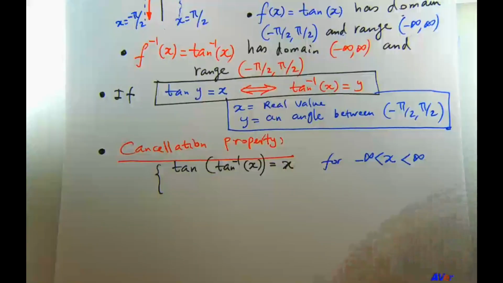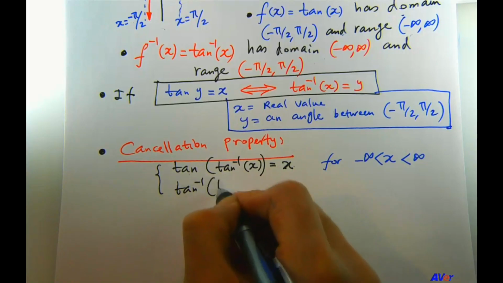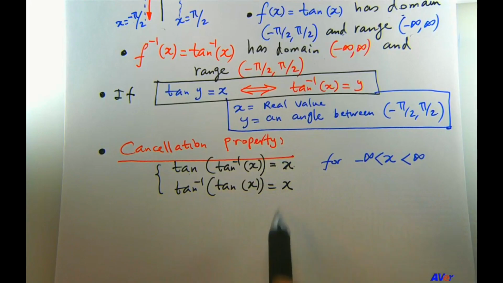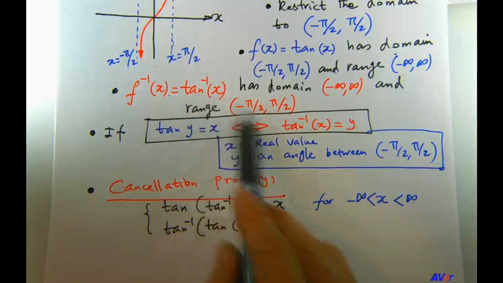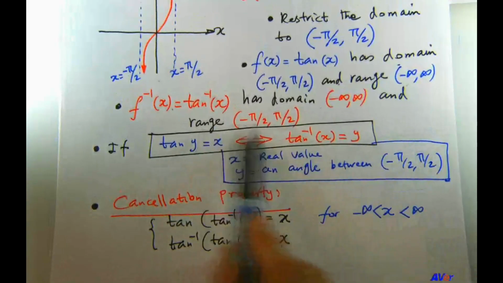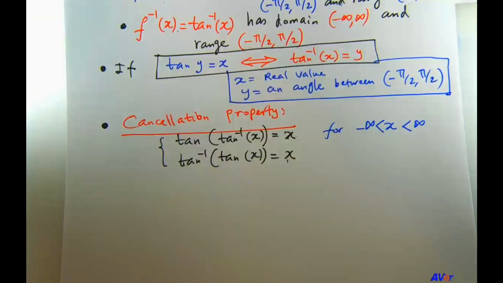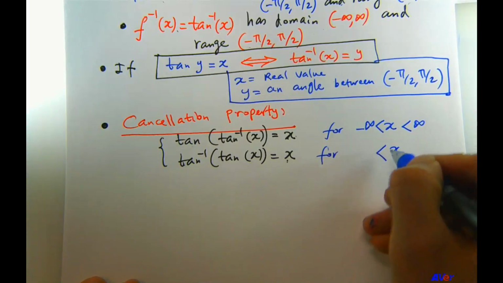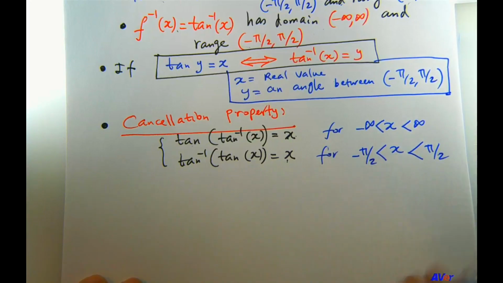And the inverse tangent of the tangent function is also equal to x, but this x is in the domain of tangent, which is the range of the inverse tangent function, minus pi over 2 to pi over 2. So this holds for x between negative pi over 2 and pi over 2.